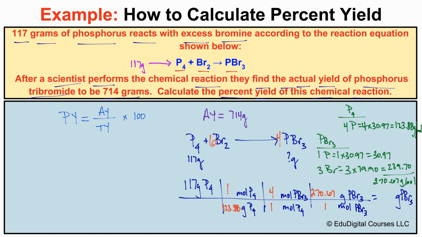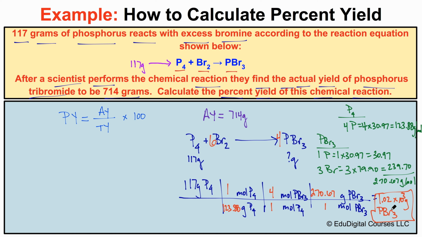let me erase this right here so we can fit this in. If we use scientific notation, we're going to end up with 1.02 times 10 to the third grams of PBr3. And this is not our final answer.